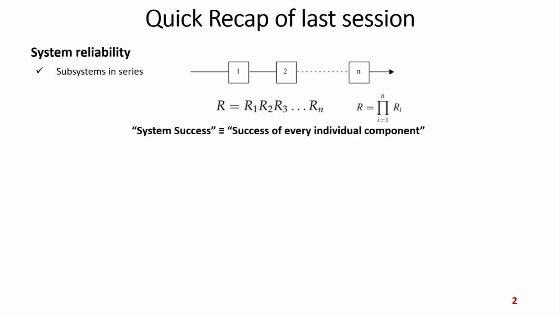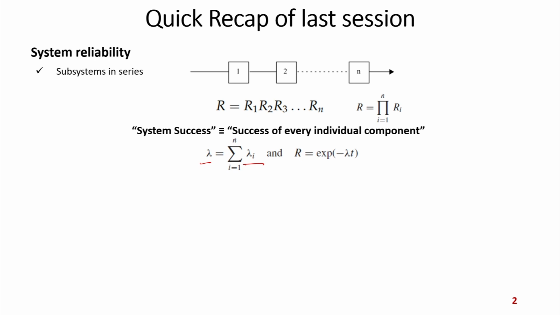So, the system success is the success of every individual component, and the failure rate is also constant if we consider that the subsystem failure rate is constant, that is, lambda i is the failure rate of the ith element or ith subsystem.